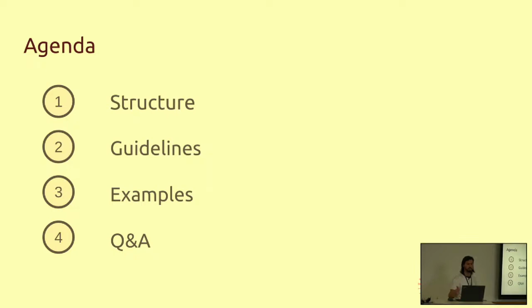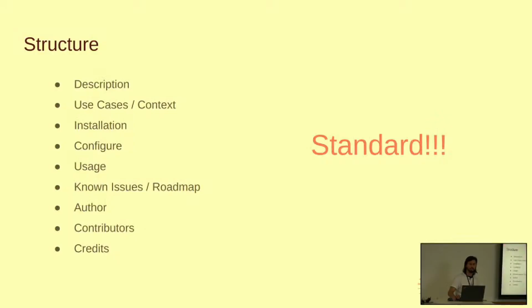So we are going to be discussing structure and some guidelines. I say some because there is another talk after this one that is going to complete the guidelines a little bit. And we are going to be seeing some examples all the way. At the end, of course, some questions if you have them. So we are going to start with the structure.